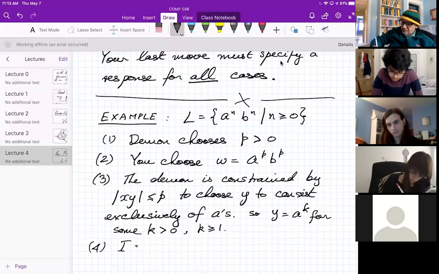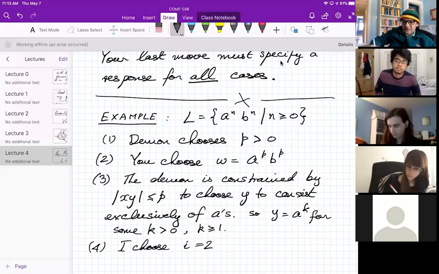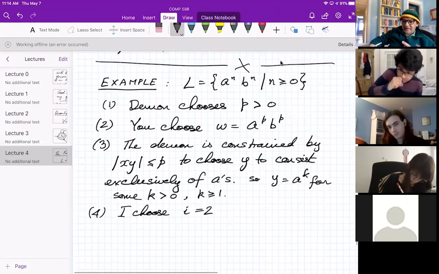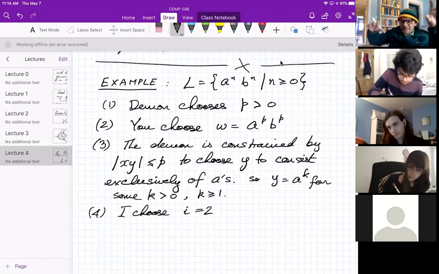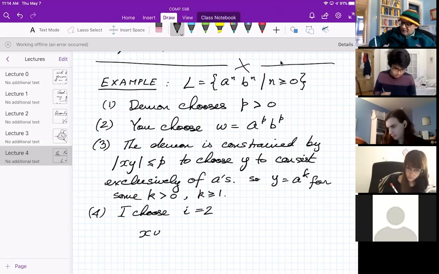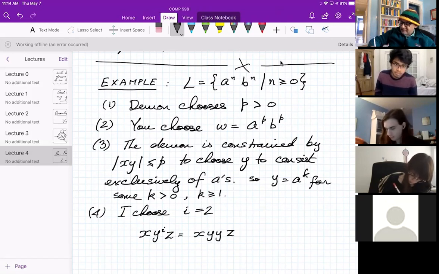So then I choose i equals 2. So you see the explicit nature of your choices. You've chosen an explicit word. You've chosen an explicit number. Of course, in more complicated examples, that explicit number might have several cases, and it might be a formula based on other things. And so now the word x y to the i z is x y y z.